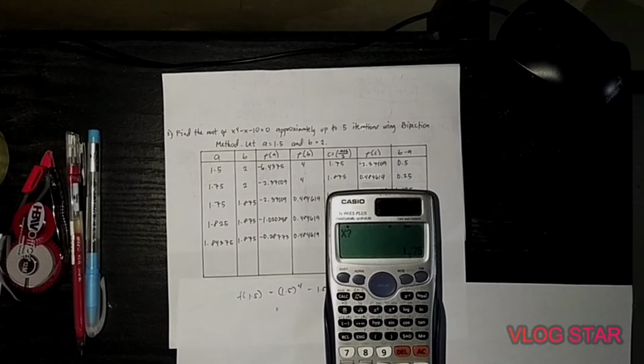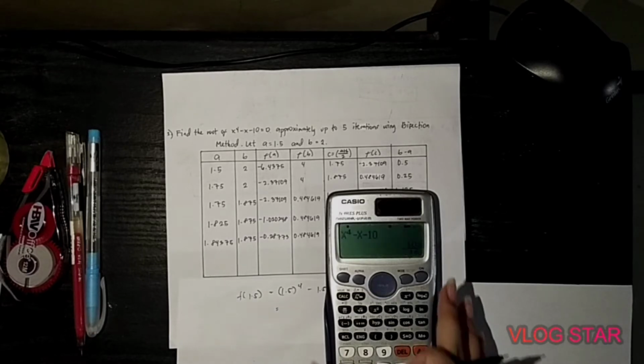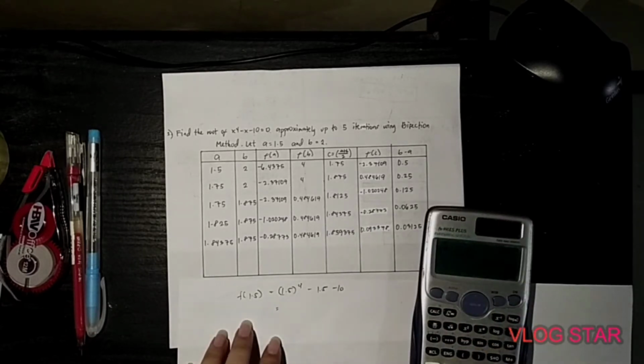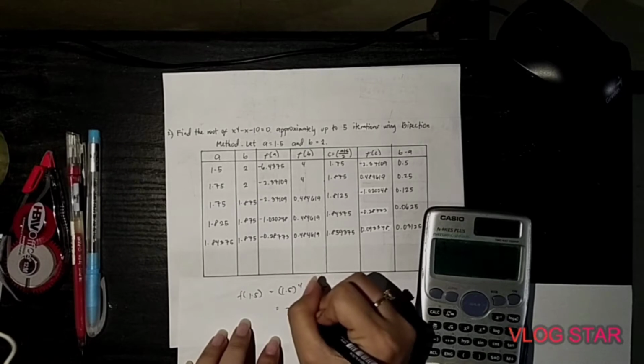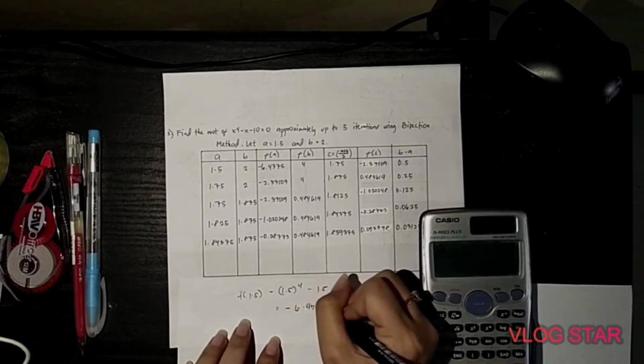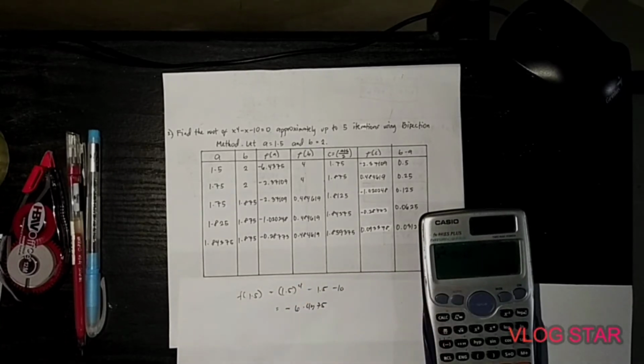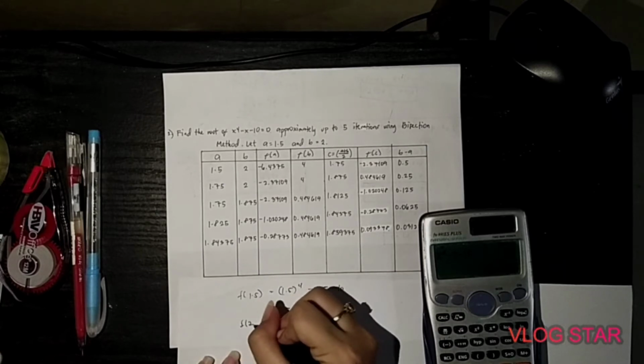Using the calculator, the value of x will be 1.5. This will be equal to negative 6.4375.